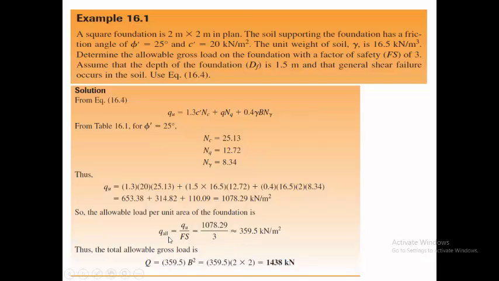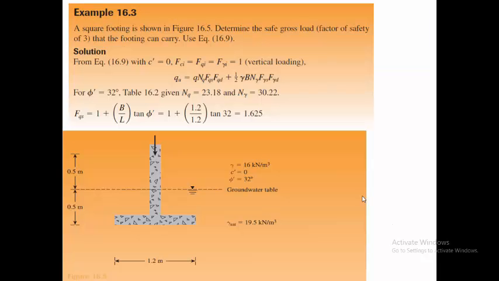That is the value of Q allowable. If the question is to determine the allowable pressure with a safety factor of 3, this is already the answer. But the question here is the allowable gross load. So, big Q is pressure times the area of the foundation, 2 by 2. You have 1,438 kilonewtons. Next.